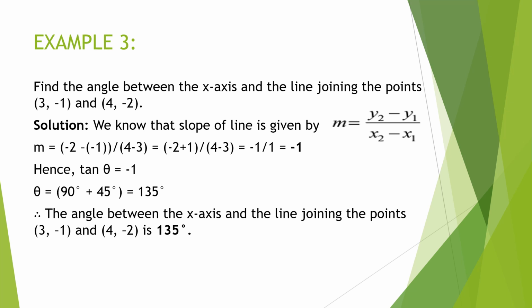Slope is tan theta, so tan theta is equal to minus 1. When will the value of tan theta be minus 1? When theta is 135 degrees. Why? Because in the second quadrant tan is negative. Therefore, the angle between the x-axis and the line joining the points (3, minus 1) and (4, minus 2) is 135 degrees.